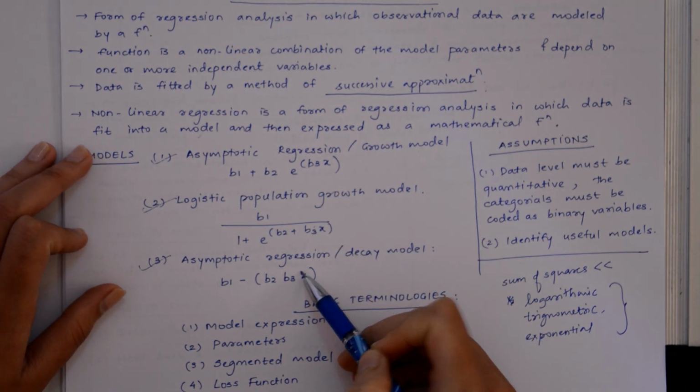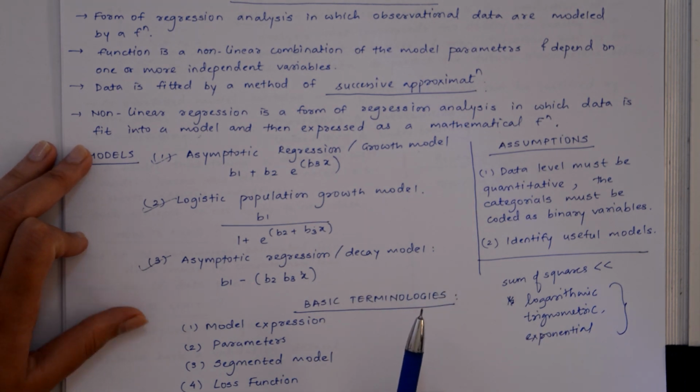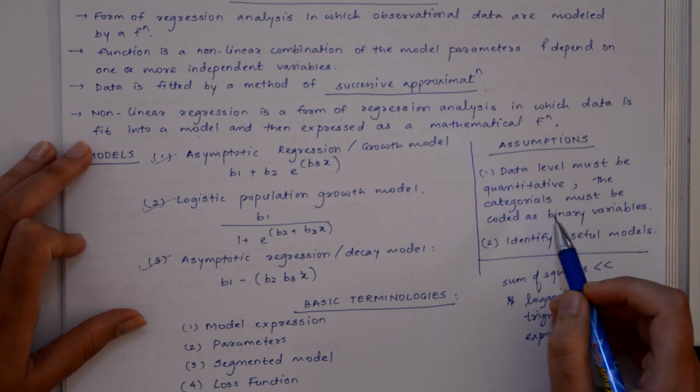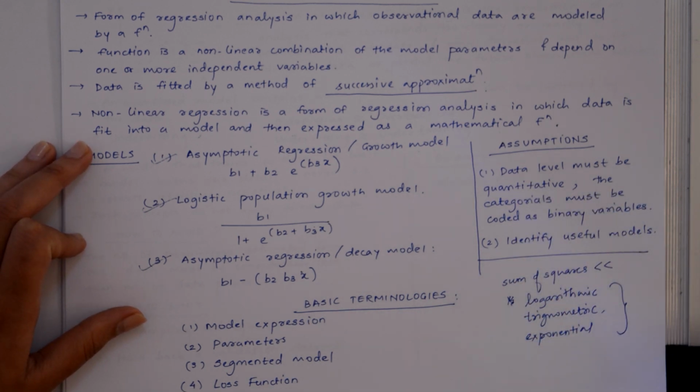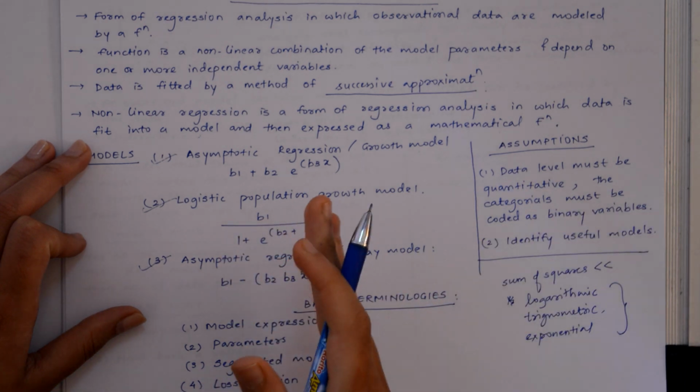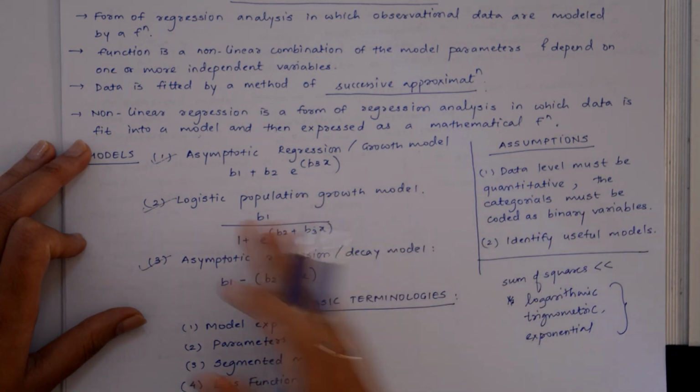But before applying any of these models, there are some assumptions that need to be taken. There are two assumptions: that the data level must be quantitative, and the categorical variables must be coded as binary variables. We saw that there are two categories: either classification in terms of categories or real valued.